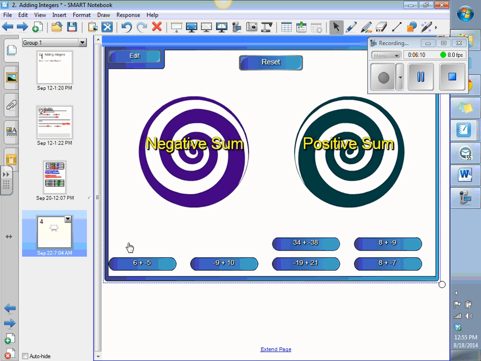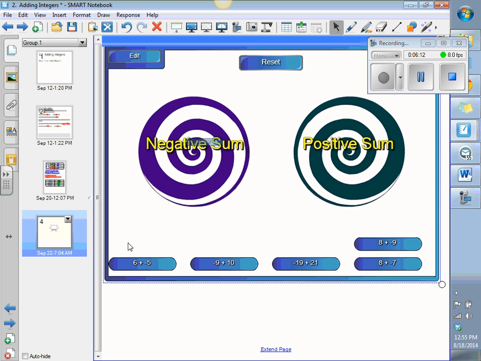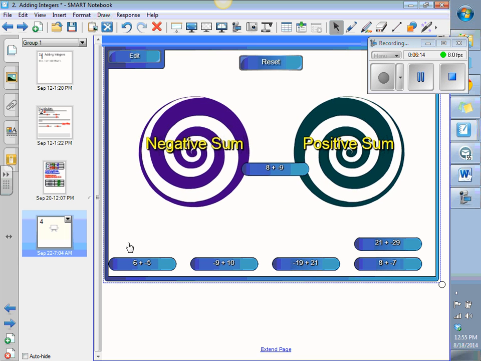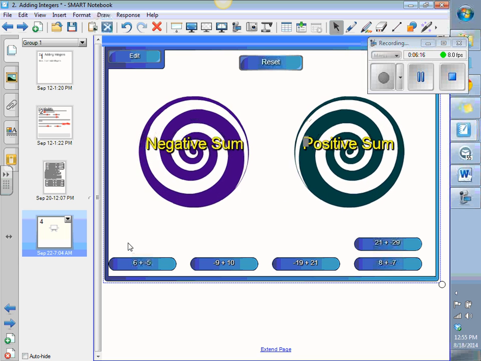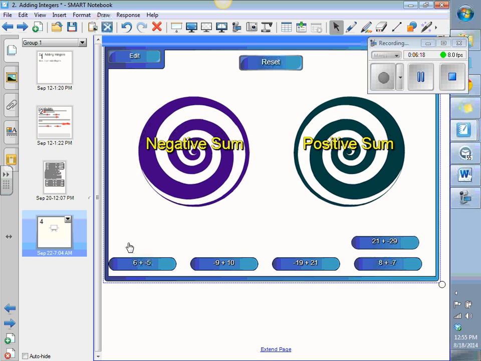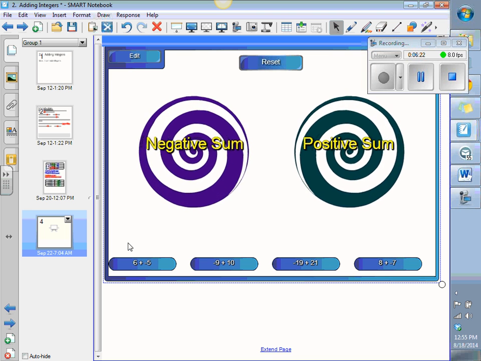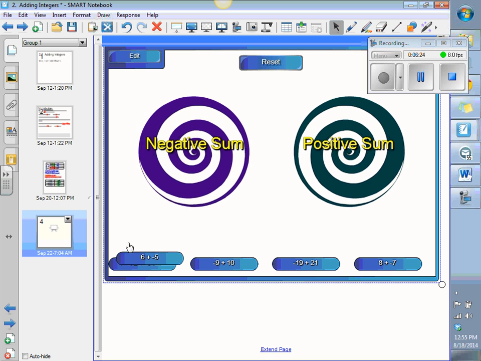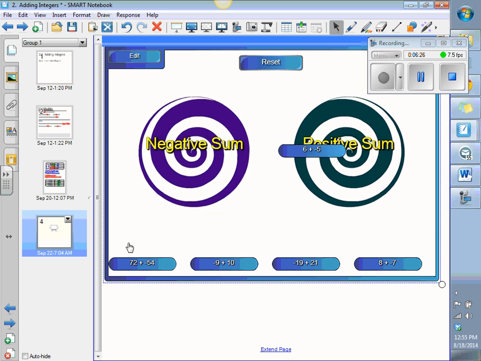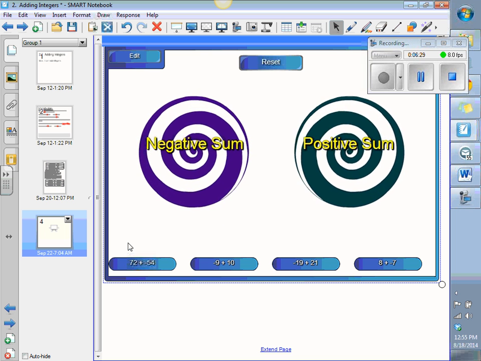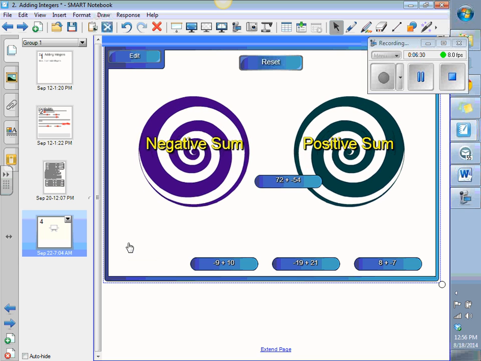34 plus negative 38: negative. 8 plus negative 9: negative. 21 plus negative 29: negative. These are not very well mixed up. 6 plus negative 5: 6 has the bigger absolute value than negative 5, so positive. Same thing here, 72.